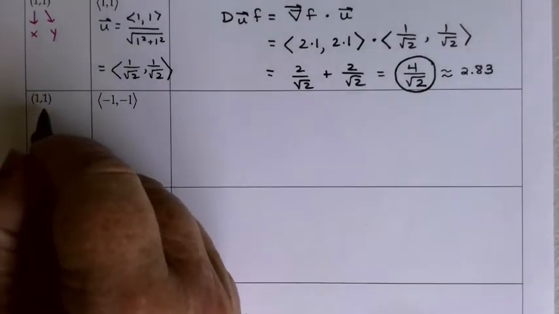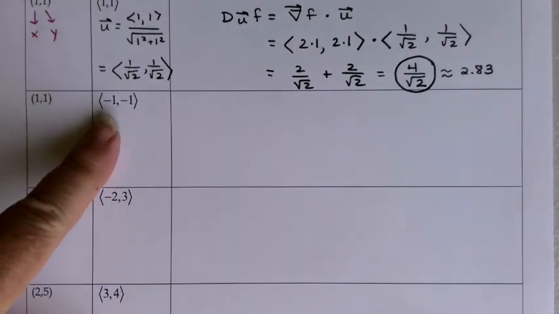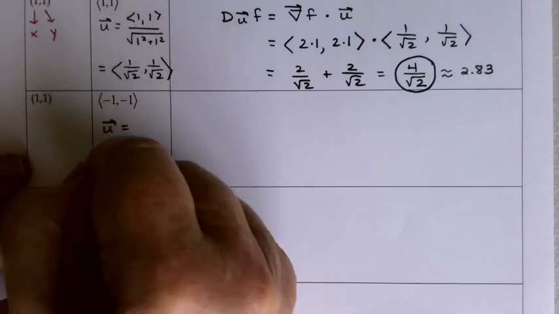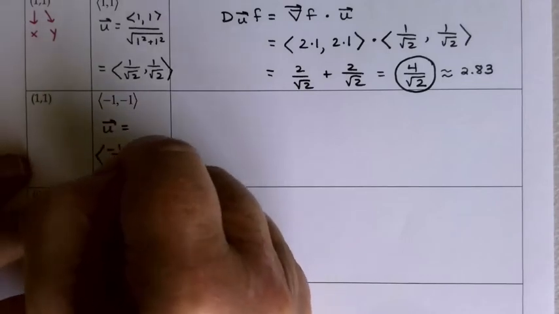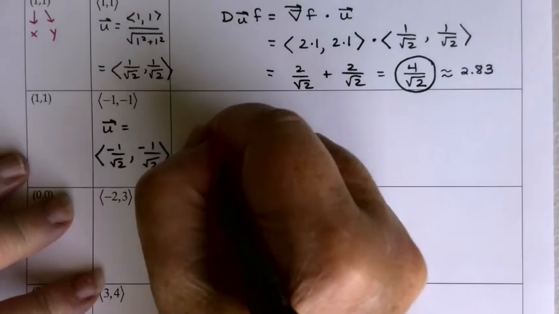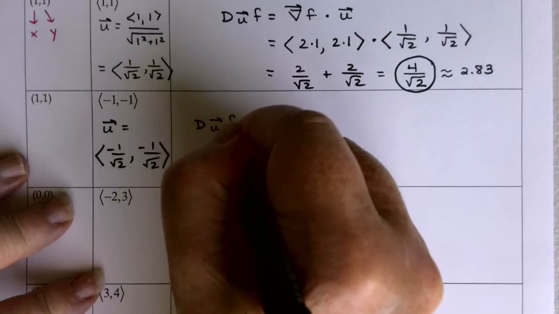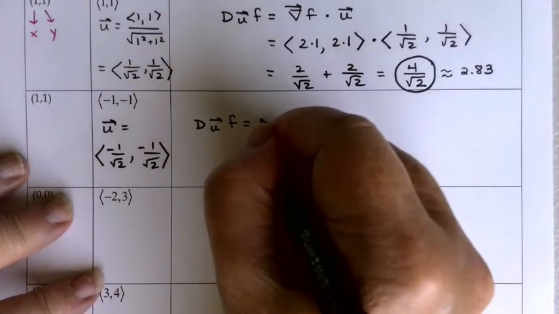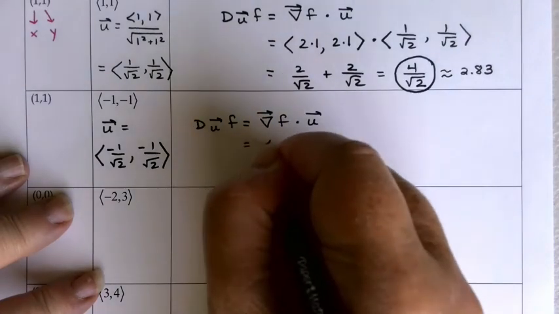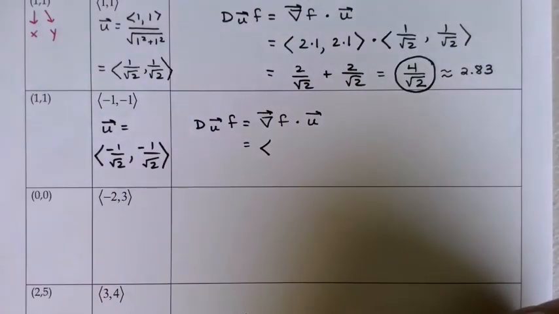I want to start at the point 1, 1 again, but this time I want to walk in the exact opposite direction, -1, -1. So my u this time would be -1 over the square root of 2, -1 over the square root of 2. And my directional derivative, gradient of f dot u, would be, again, remember the gradient is 2x comma 2y.